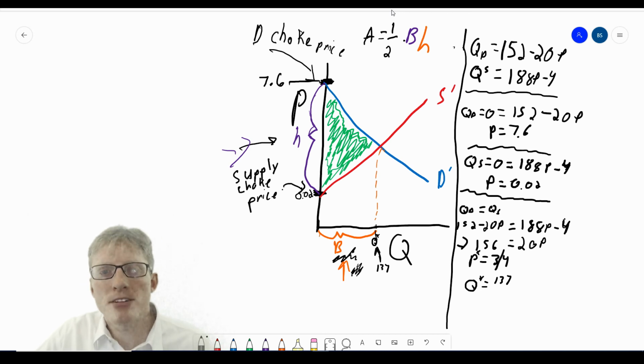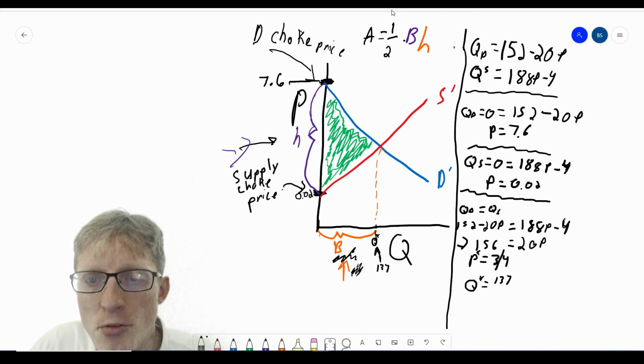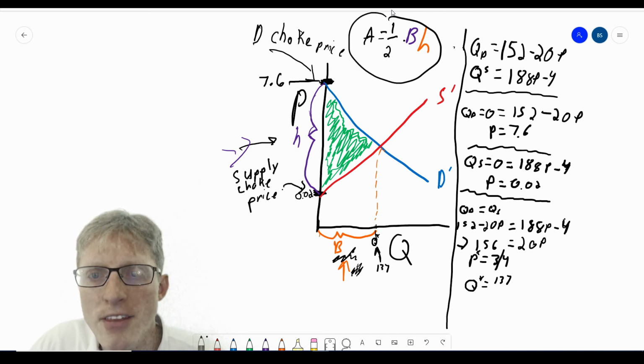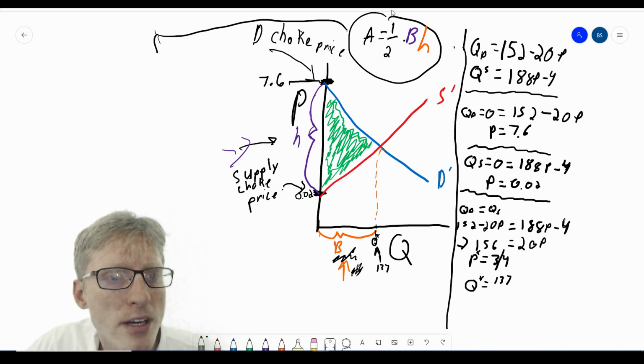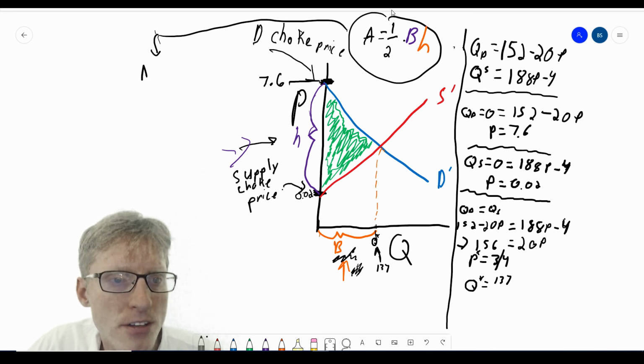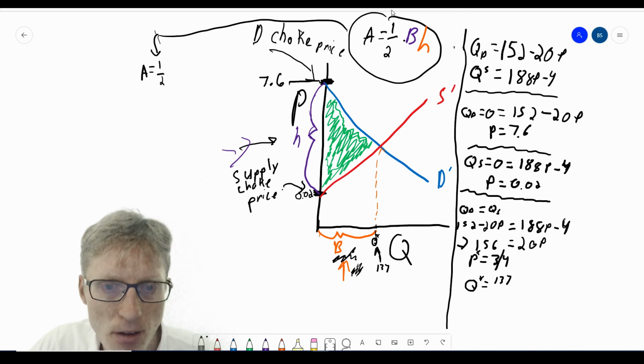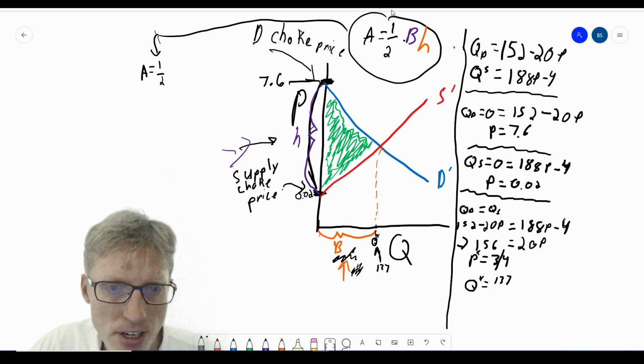Okay, so now let's go back to this area of the triangle. So now to get the total surplus, consumer surplus plus producer surplus, we're going to plug in these quantities here. So the area is equal to 1/2 times this vertical distance here.